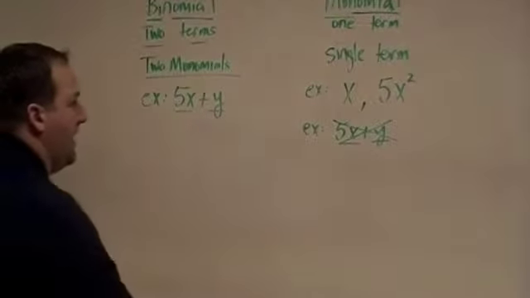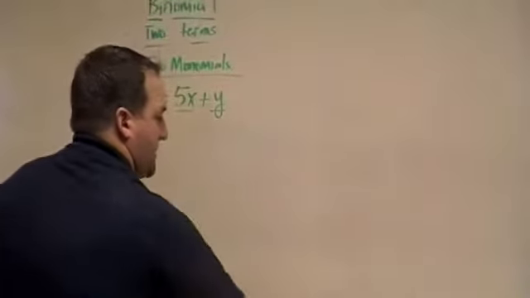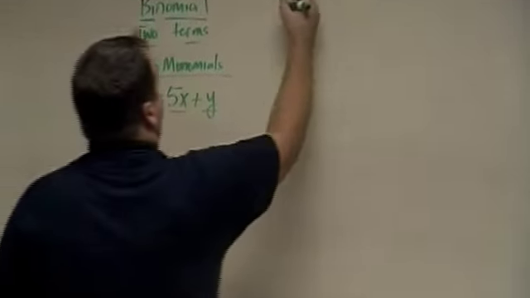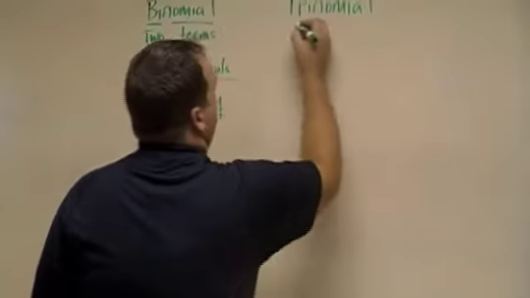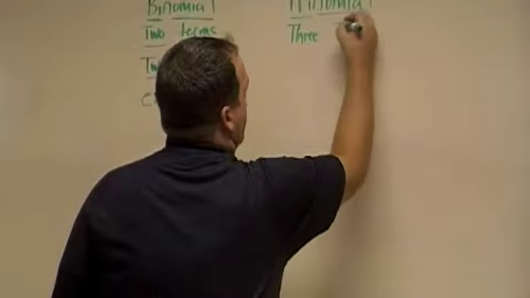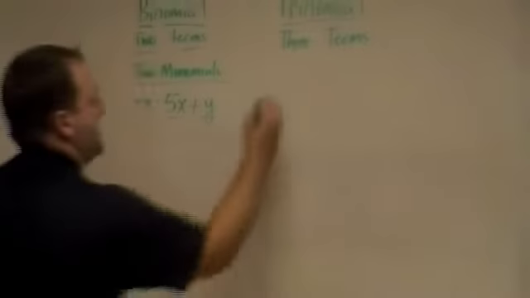Well, we can keep going, and in algebra we do keep going to the next term. If we add one more term, if it's mono 1, bi 2, then 3 will be trinomial. Tri meaning 3, nomial meaning terms. 3 terms, 3 monomials.